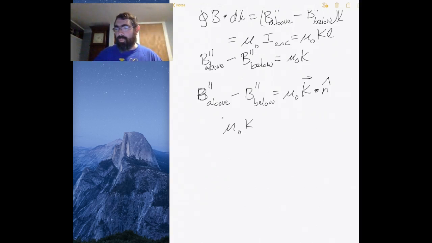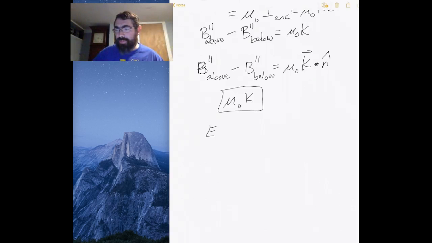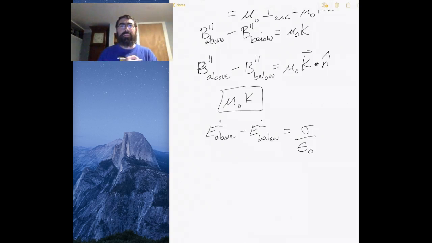That quantity right here is very similar to what we had with the electric field, except the last time, I believe it was the perpendicular component, was equal to the, not the volume, but the surface charge density divided by epsilon naught.